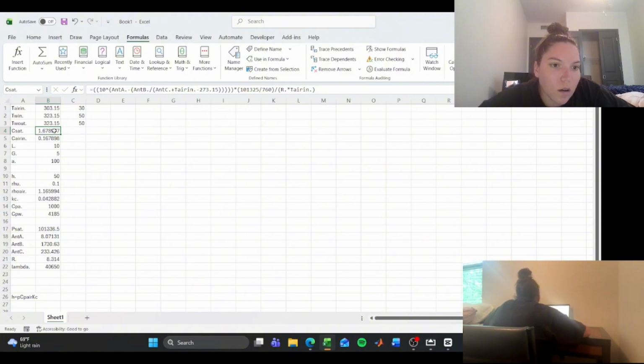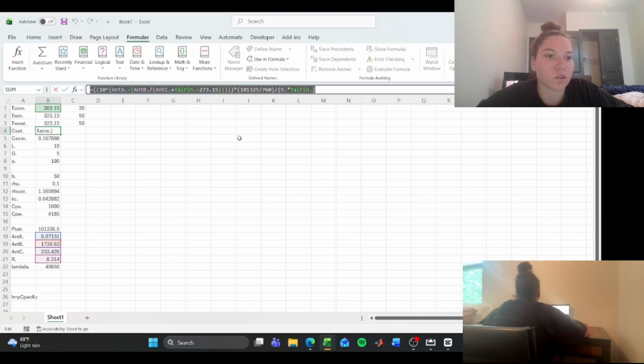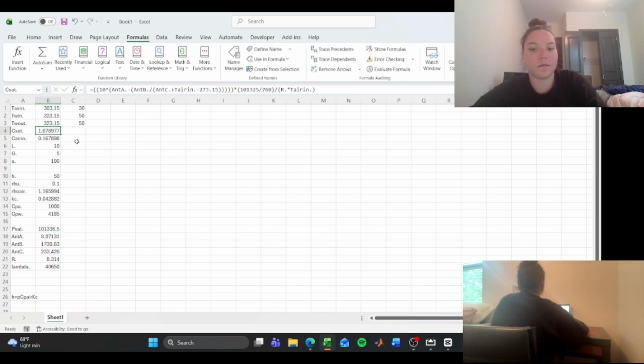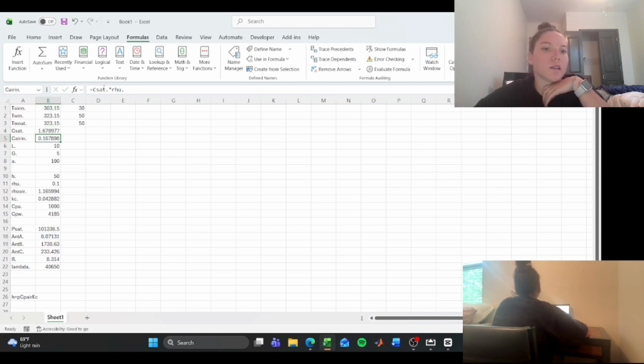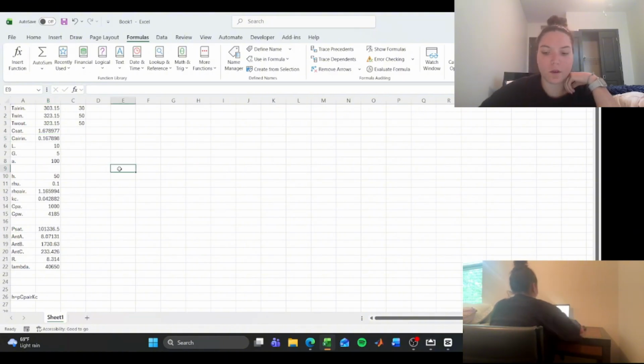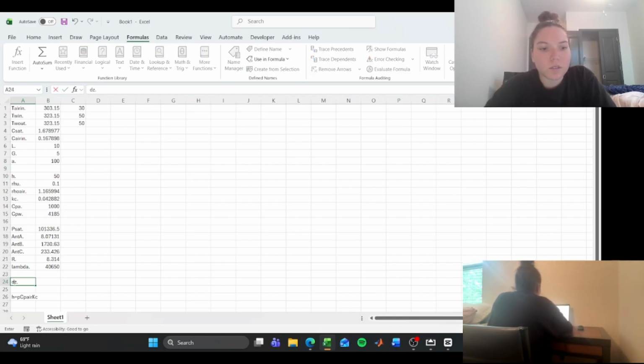Okay, so I missed some parentheses here, but I fixed it, and this is the equation that we're going to use for the saturated concentration. And then, again, this is the same, but with the new value that we got here, this is the new concentration of air coming in. And then we still need the change in position. We can say it is 0.01, in the height.